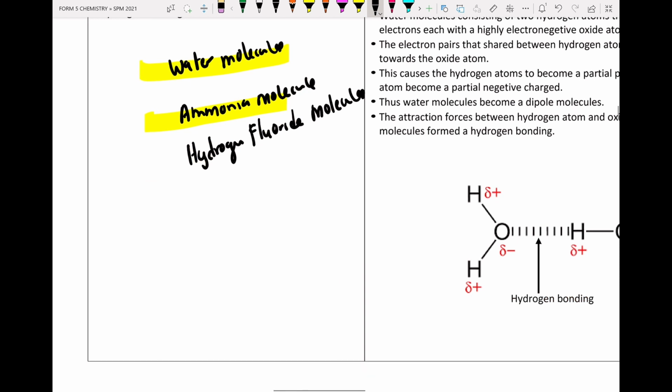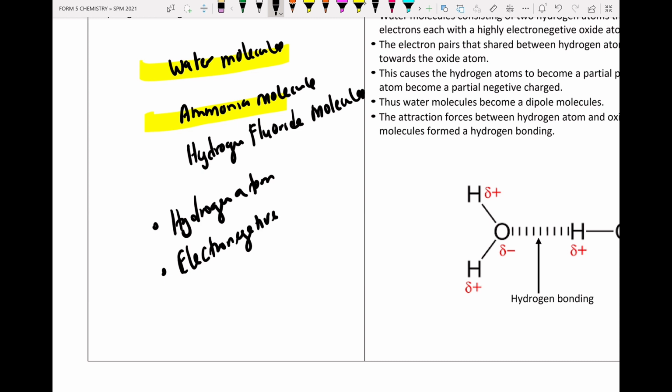In order to form hydrogen bonding, the first thing we must have is a more electronegative atom present in the molecule. The more electronegative atoms will be FON, or NOF. Remember FON or NOF. The most electronegative is the fluorine atom.